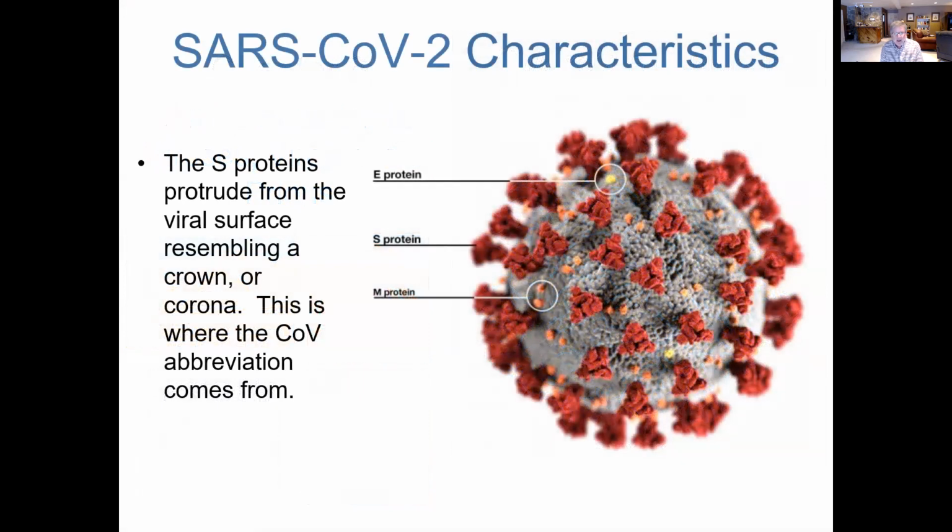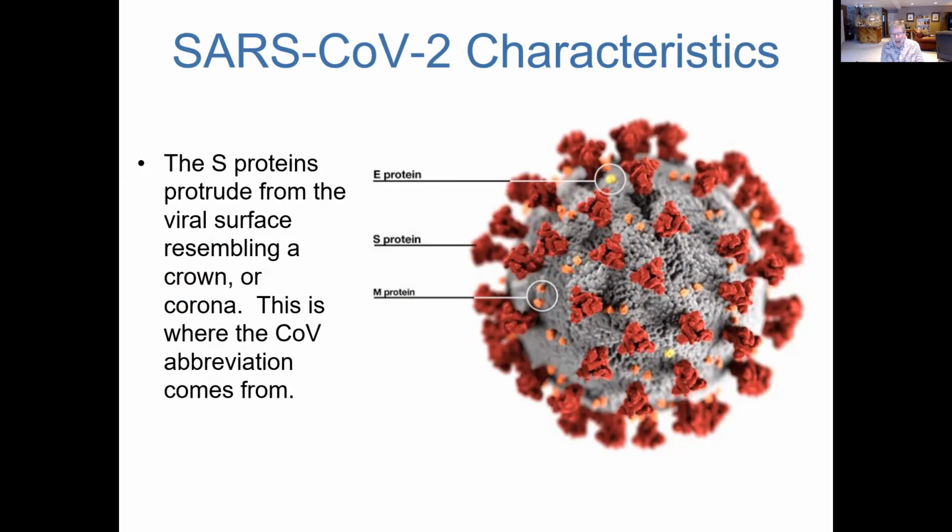Well, what has pretty much governed our lives in the last year now is, of course, the SARS-CoV-2 virus. And you've probably all seen sketches or diagrams of the virus. These aren't actual photographs.